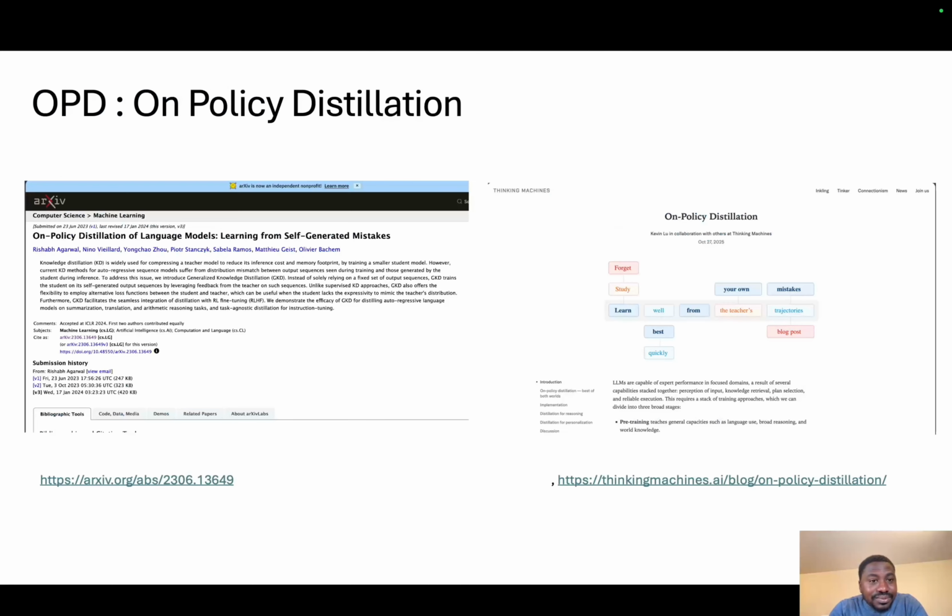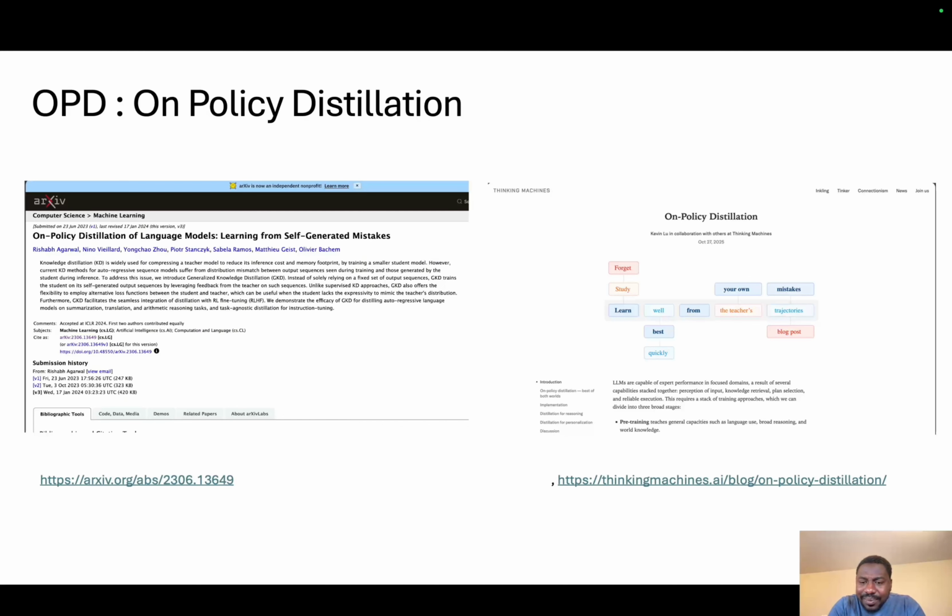On-policy distillation was first popularized by Rishabh Agarwal from Google DeepMind, and then Thinking Machines made it very popular towards the end of last year with their on-policy distillation blog post. What this really does is enable the model to learn from very dense credit.